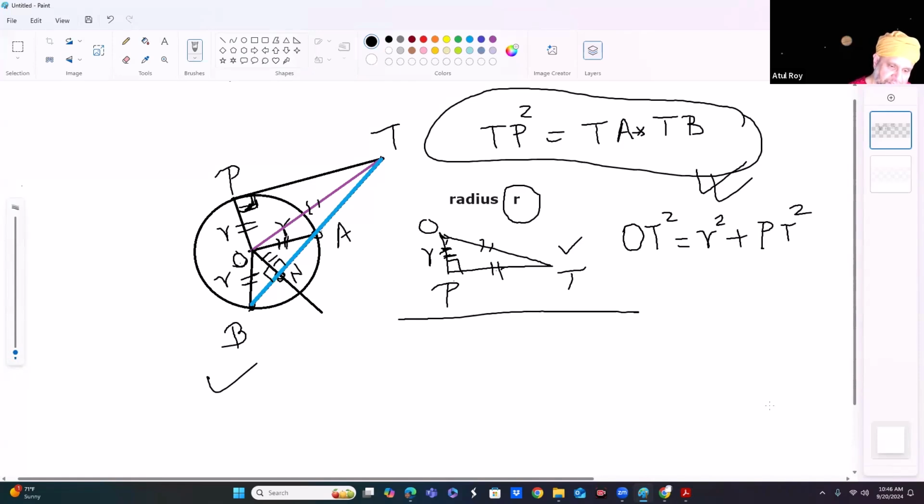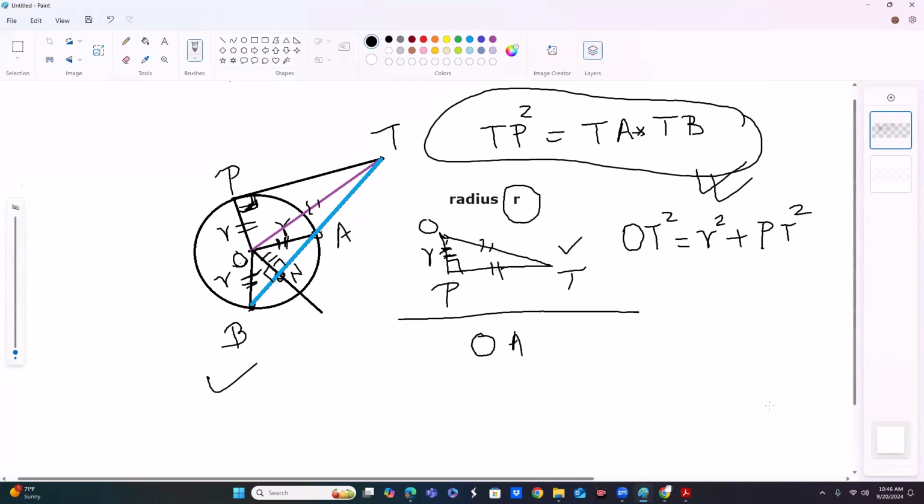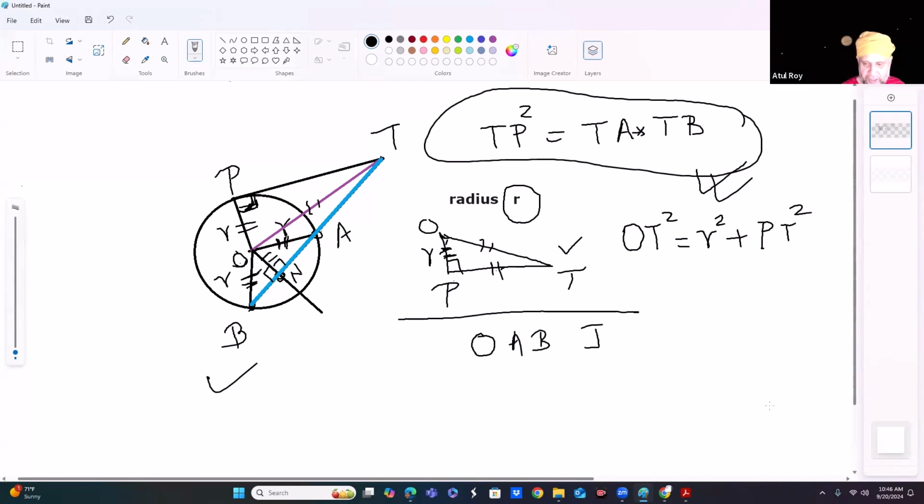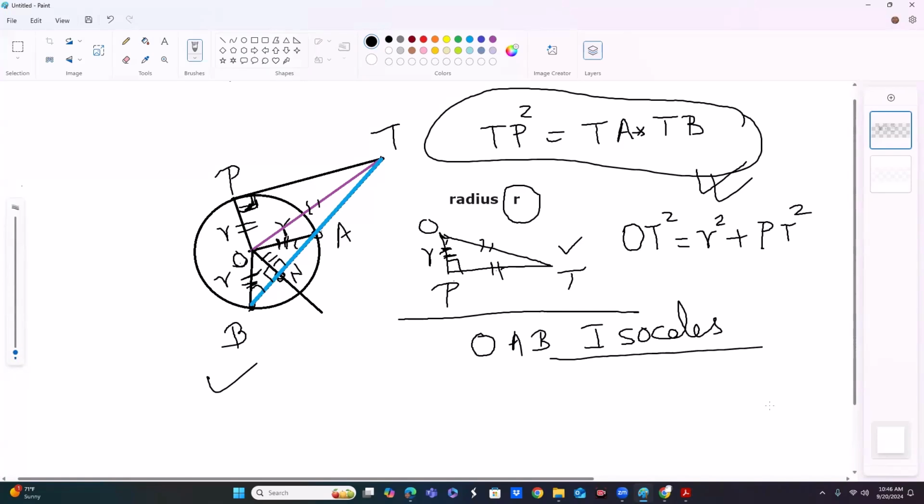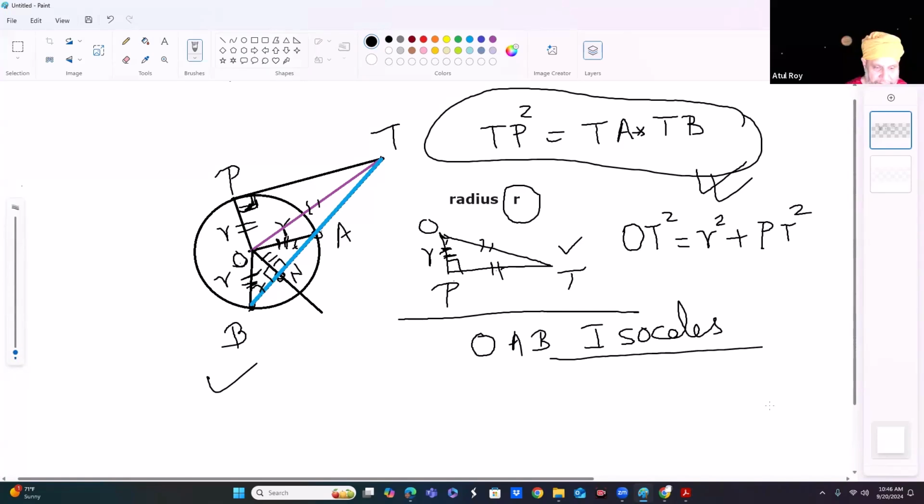See, this is isosceles. Say yes or no. This triangle which I'm doing, O A B is isosceles. All right, are we clear? So what will happen? These are congruent, these are congruent, so everything will be congruent.